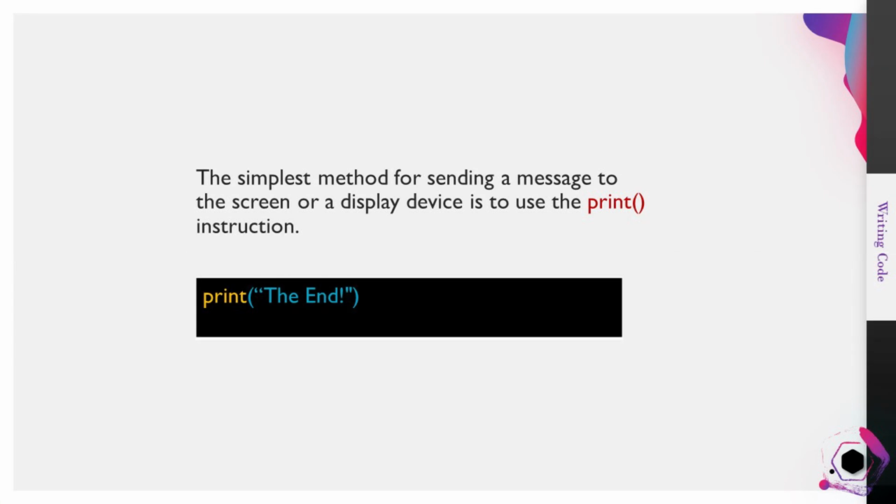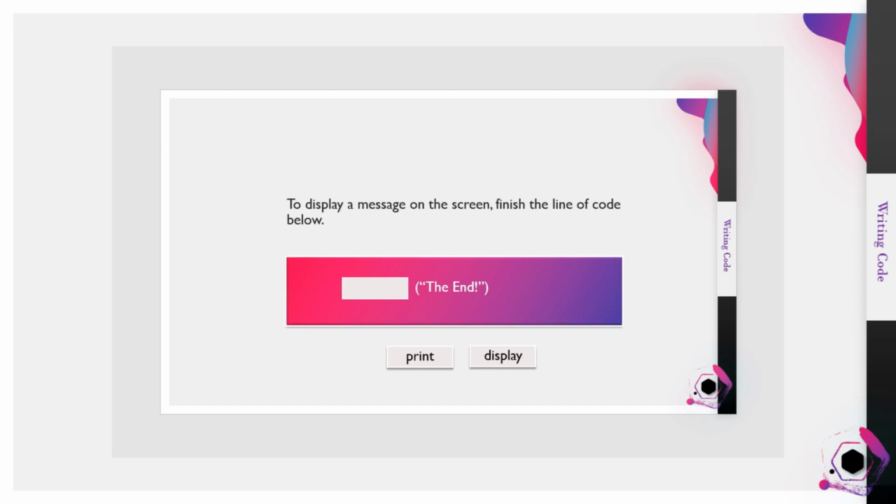The simplest method for sending a message to the screen or a display device is to use the print instruction. Example, print the end. To display a message on the screen, finish the line of code below. Give it a try. Which one is the correct one?